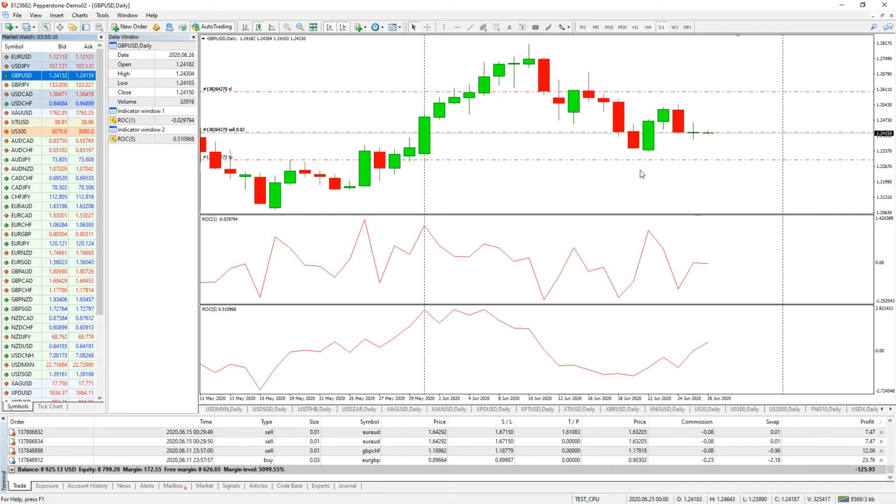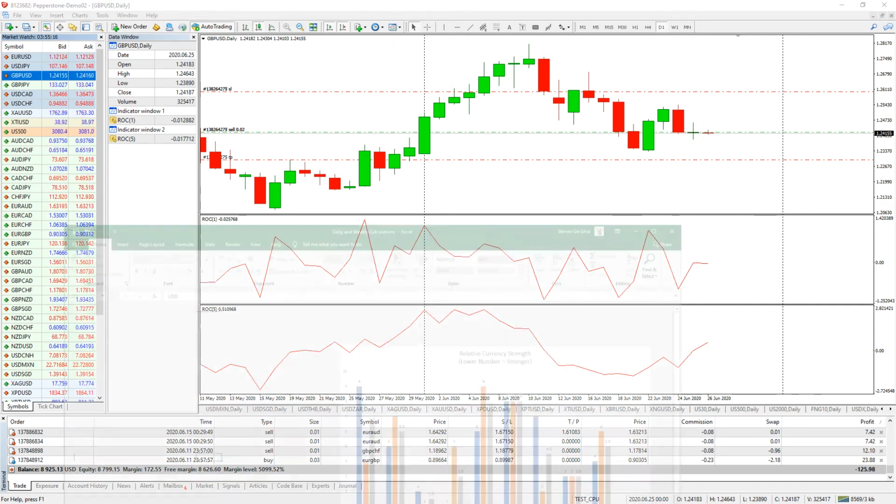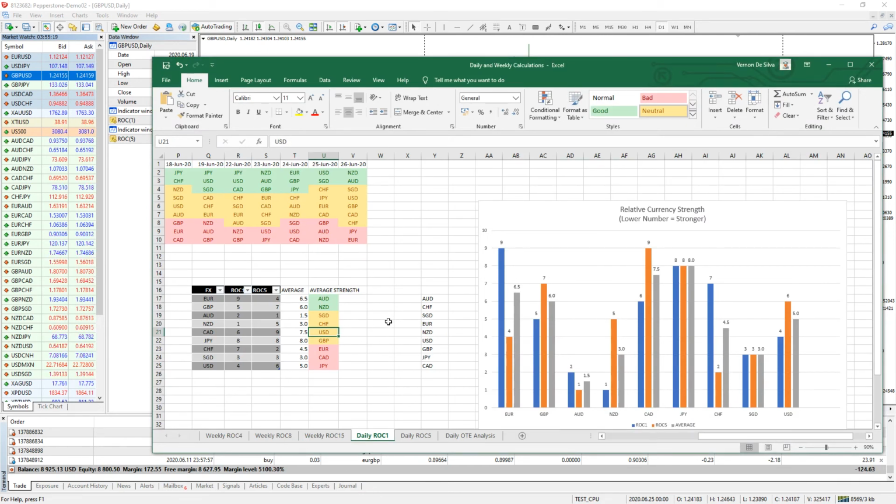But always keep in mind that one, this is Friday, two, you had an indecision day here, and three, looking at the relative strength, I see that they are very close to each other today. So mainly it's like a range. It can go either way.